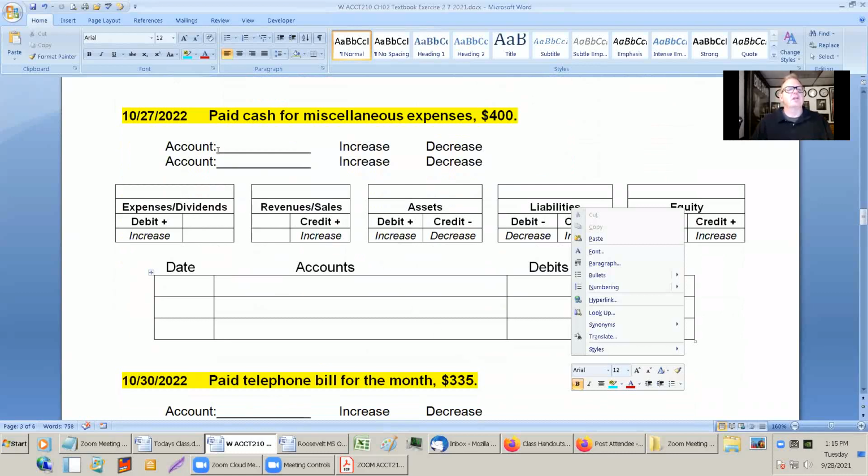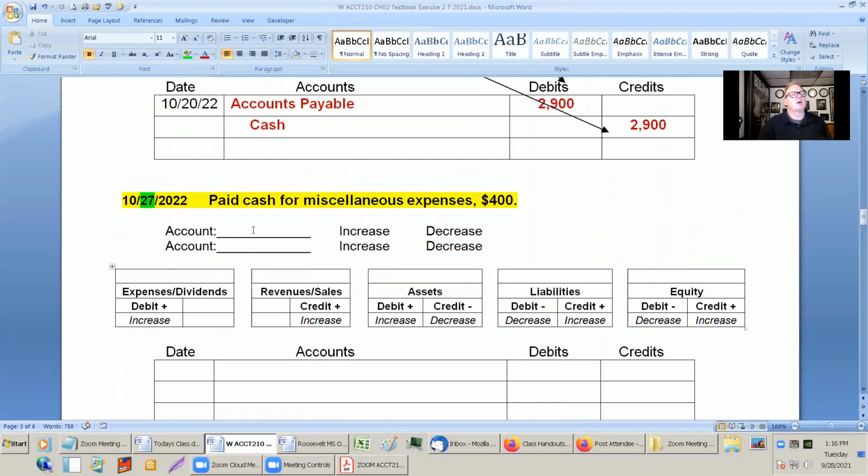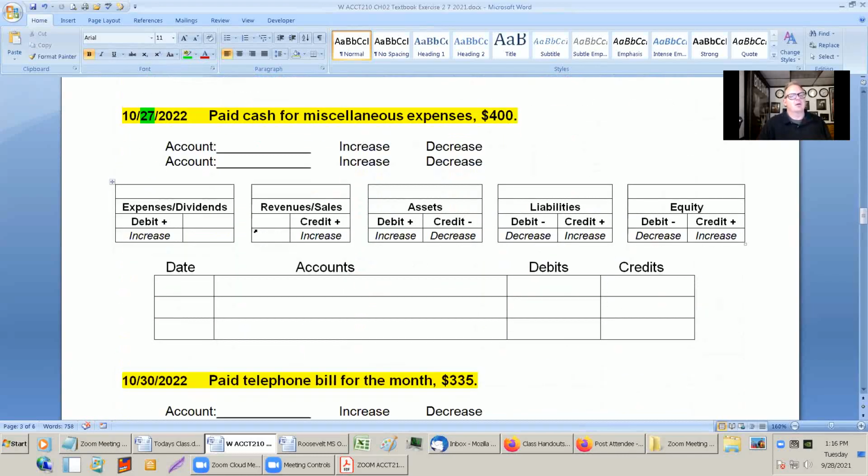Okay. Paid cash for miscellaneous expenses. So this would be number 27. So what accounts? Cash and miscellaneous expenses.